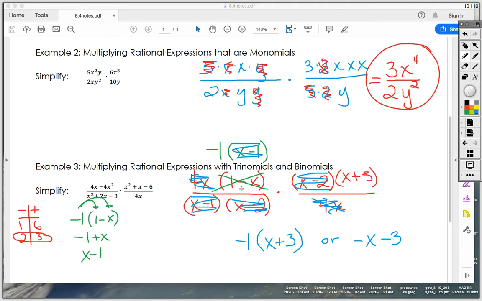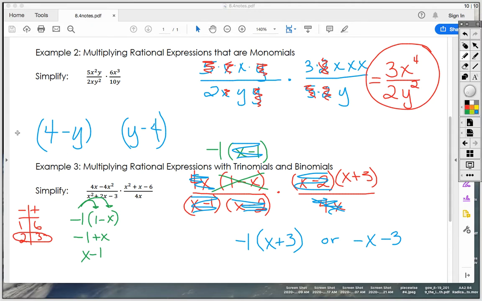I want to look back at this expression. How do I know when I can use it times negative 1? So if it were 4 minus y and y minus 4, are these negative inverses of one another? Yes.